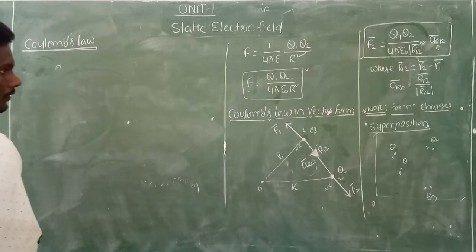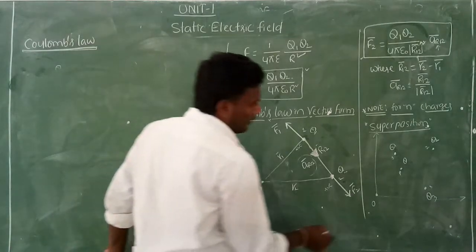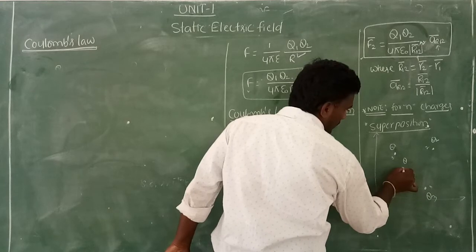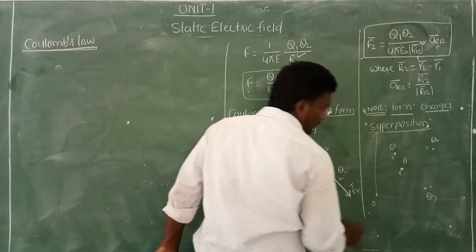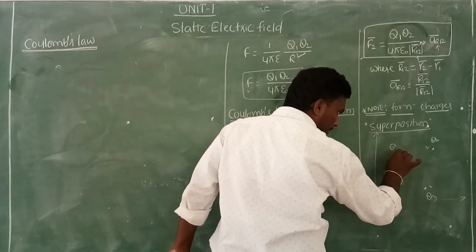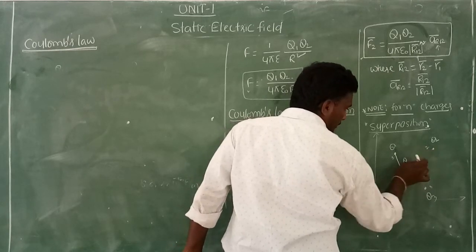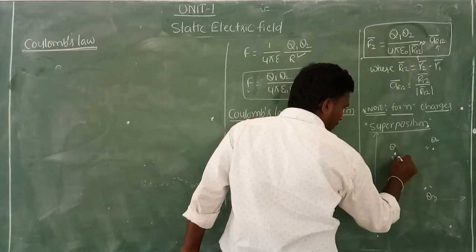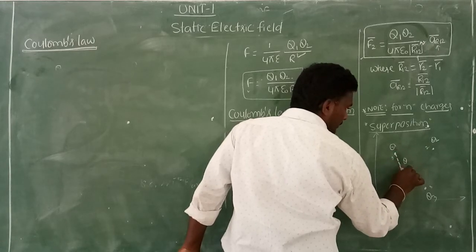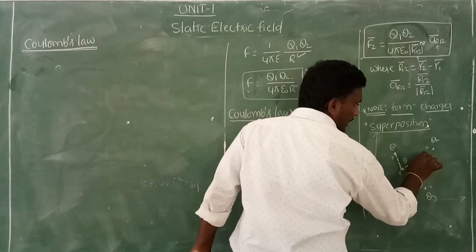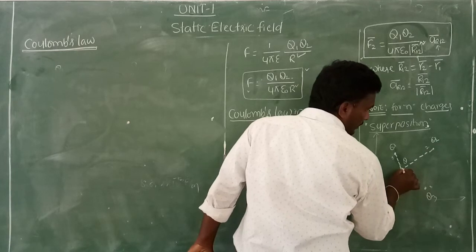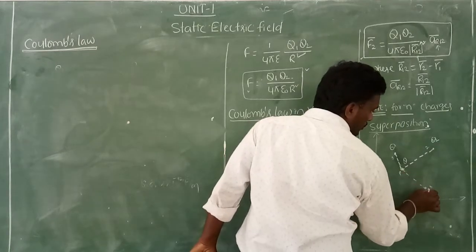whenever I am writing the expression, first of all, according to Coulomb's statement, we have to draw straight lines, like this, dotted lines. First I am drawing dotted lines. Why? Because force acts along the line joining the two charges.